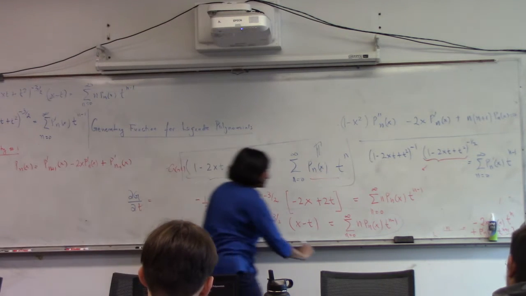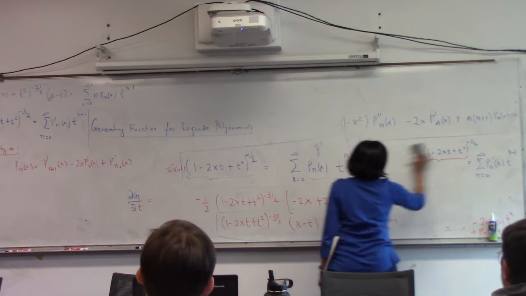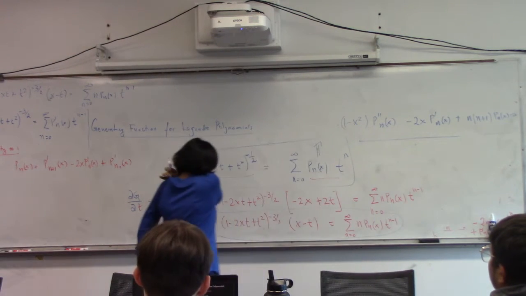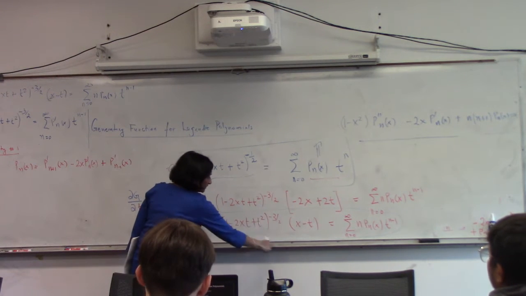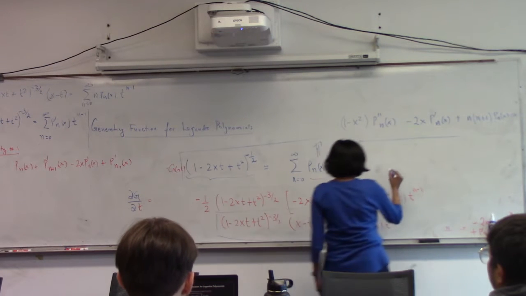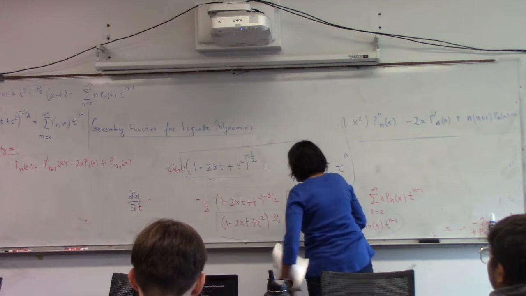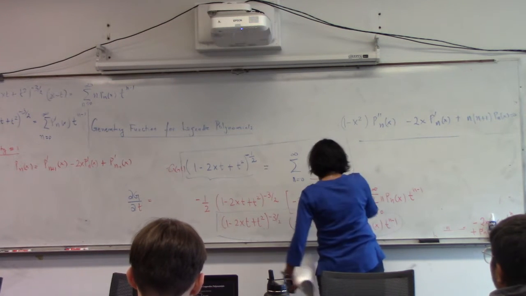All right, so let me have this. As usual, I'm going to call that as that, and then I'm going to take this thing to the power negative half. I'm going to call that Pn of x t to the n.